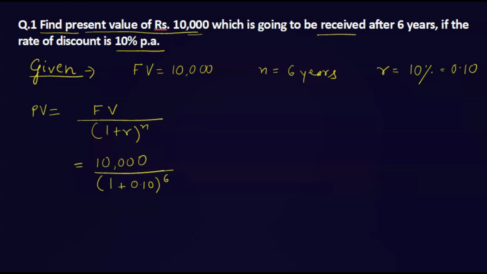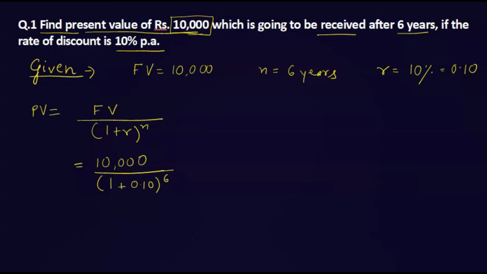This is a single cash flow, so not every year some amount is received, only one time an amount is received, because it is the present value of a single cash flow. It is not saying 10,000 yearly we are going to receive, no. 6 years is also given yearly, and 10% per annum also means yearly.